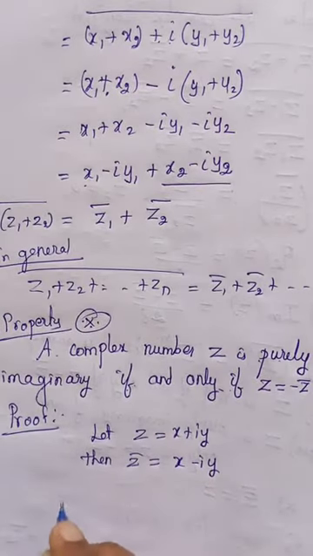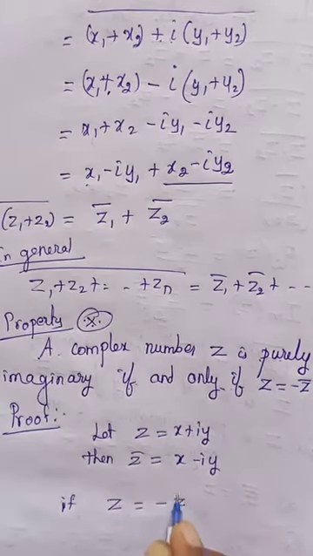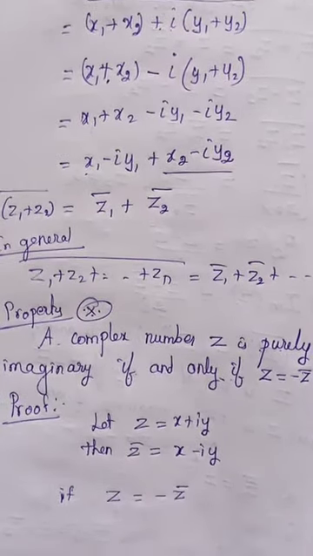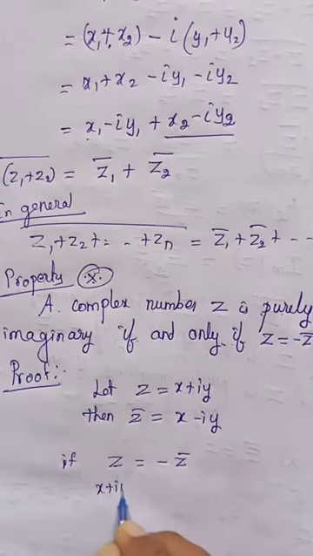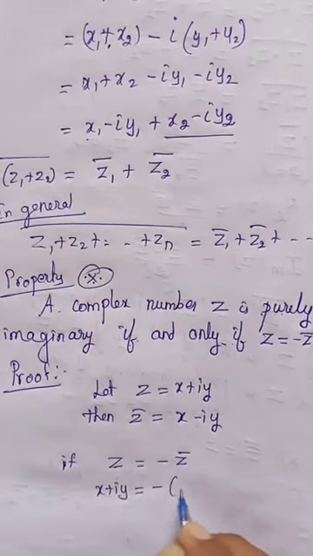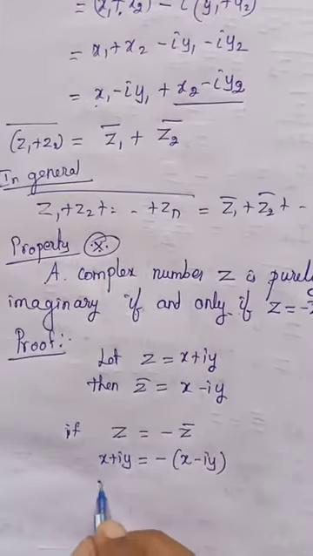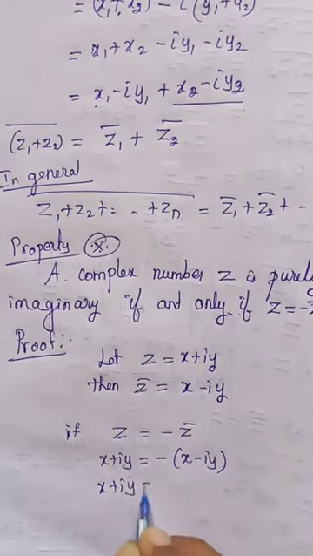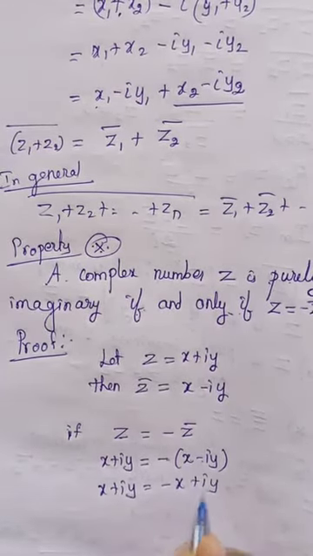Now I am taking z equal to minus z bar. This is x plus iy equal to minus x minus iy, that is, minus x plus iy.